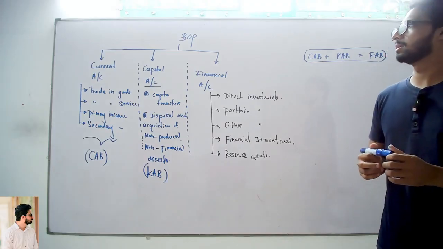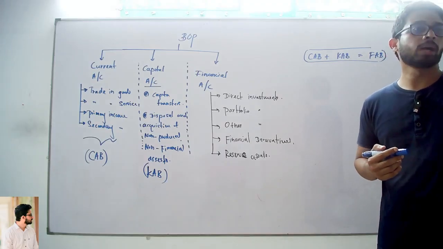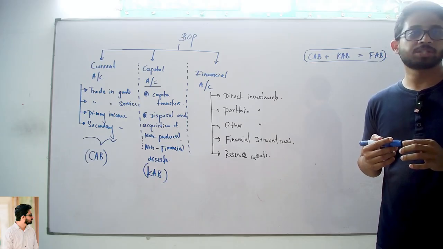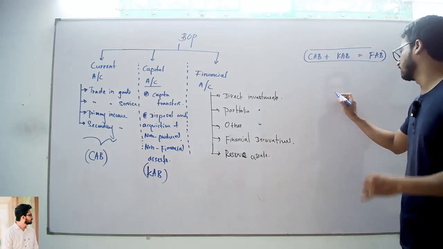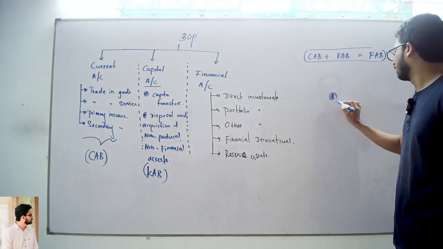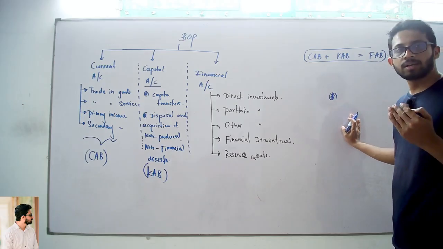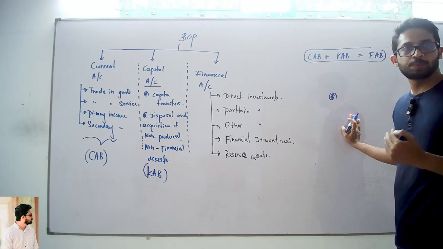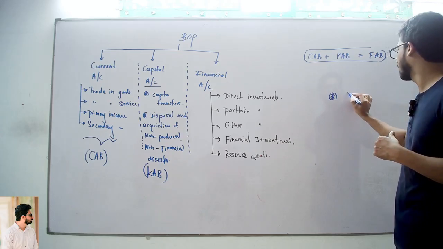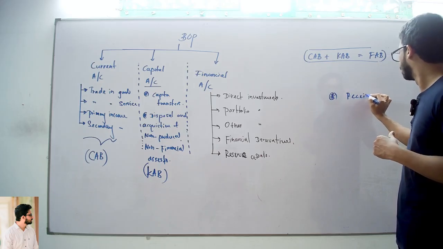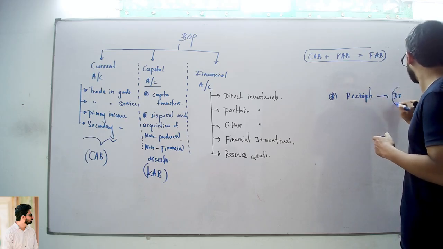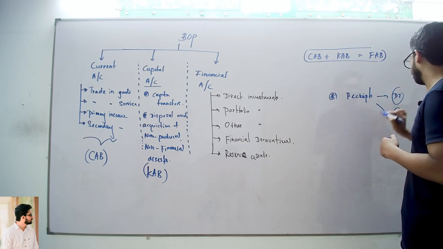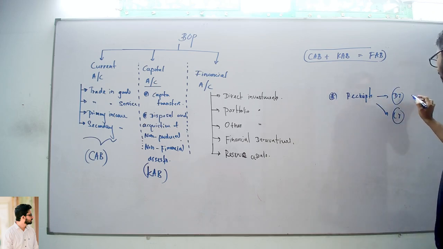Yesterday we discussed how to record transactions in the balance of payment based on the double entry principle as well. This is also very simple. If you are given a transaction, make sure whether it's a cash payment or receipt. If it is a cash receipt, cash account debit, other relevant account credit. We don't have an account called cash account. Our cash account is the currency and deposit account.